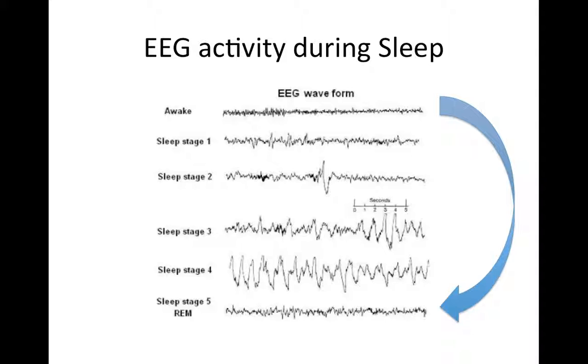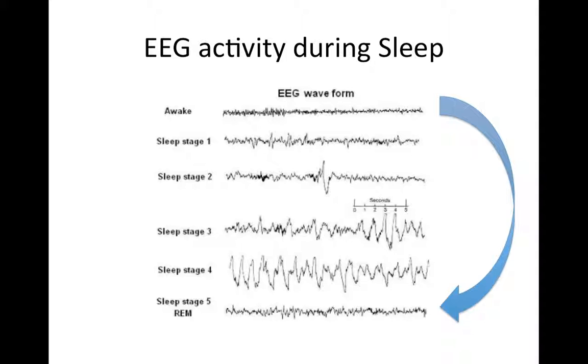You can see this is also data from an EEG that I pulled off the internet, and you can see awake frequencies and moving through the stages of sleep. There are 4 stages of sleep. We call it 1, 2, 3, and 4. Well, actually, 5 stages of sleep, with the last stage being REM sleep.